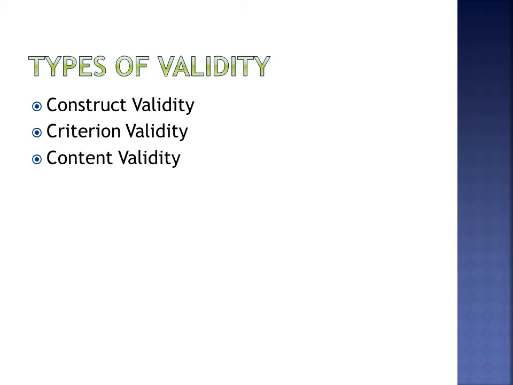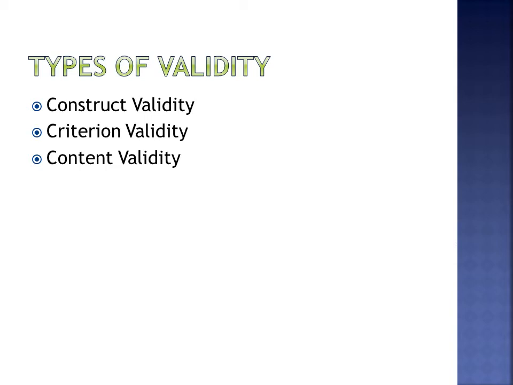For example, how are you going to measure intelligence? So the criteria would be, first, the grade scores, the scores on the achievement test, scores on the emotional or kinesthetic, and many more. Okay, so those are the criteria. Again, construct is the one that we are measuring. Criterion is the criteria of the construct.